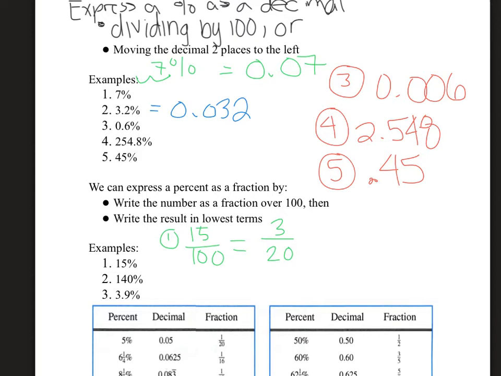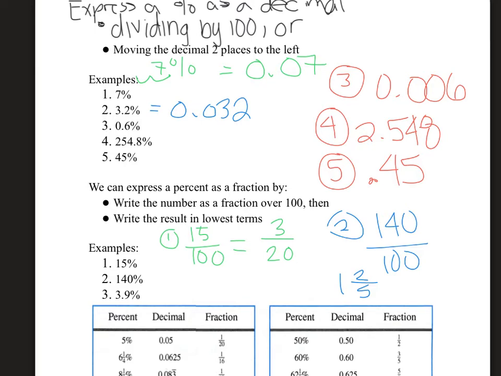For number 2, we have 140%, so 140 over 100. Again, use that ABC key instead of the division symbol. And if you do that in your calculator, you get something that looks like 1 2/5, and that U is the split of your whole and your fraction.